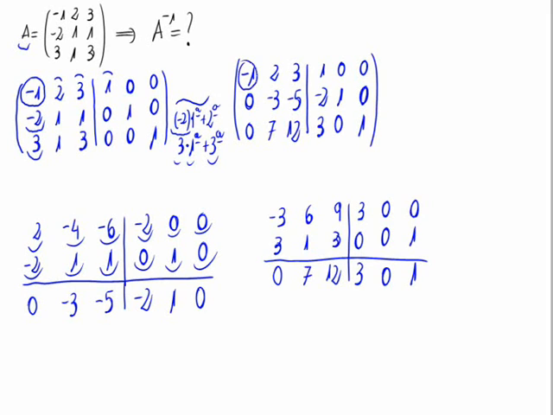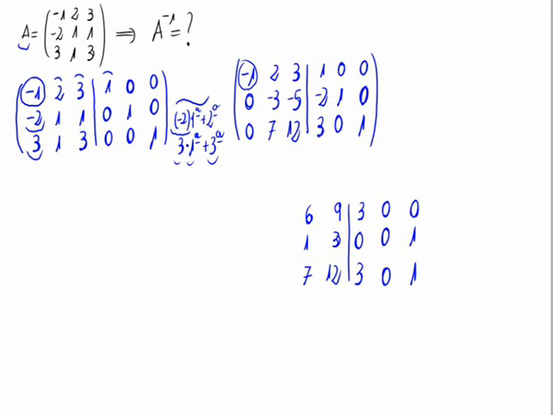And underneath this -3, you have to make 0. What number do we have to multiply -3 by so that the addition with 7 gives 0?